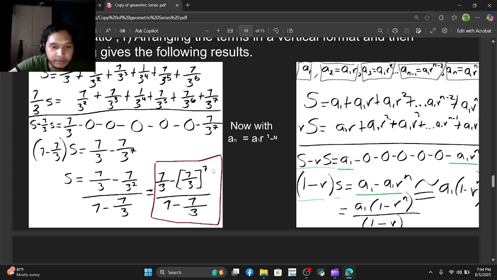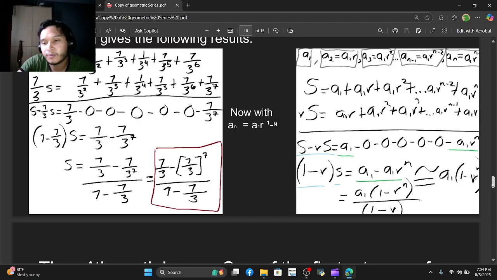I just rewrote it to the 7th power and this and this. Now let's do it with the a_n, with just the letter that doesn't mean any number, but what I want you to know is the process.